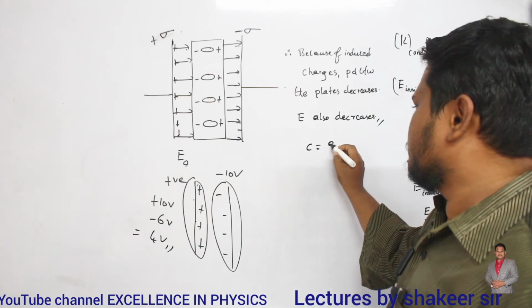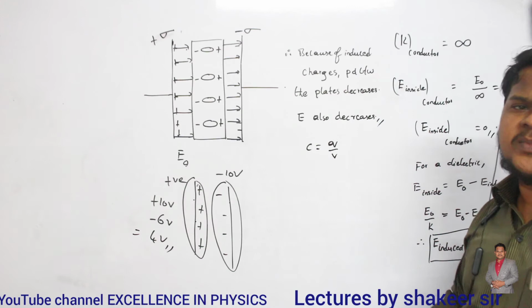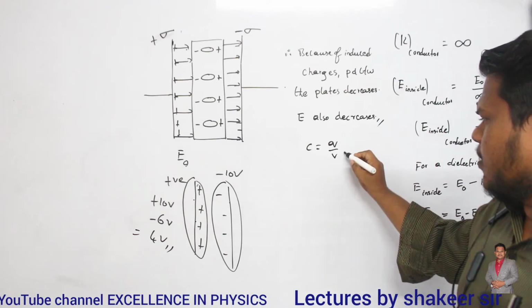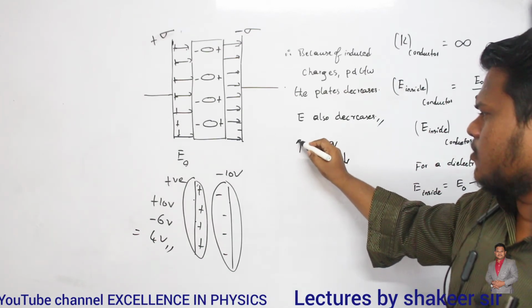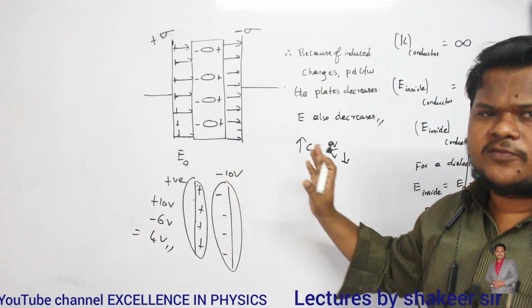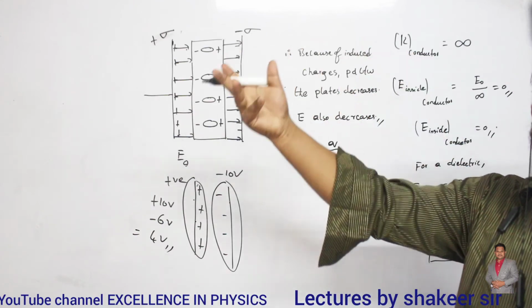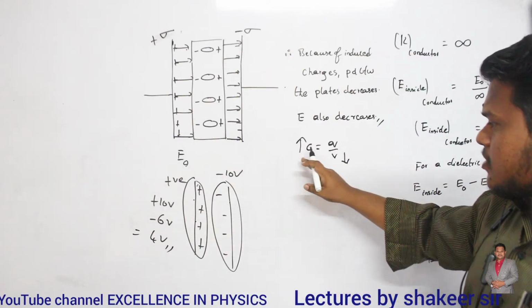Because C is equals to Q divided by V, no, ma? C is equals to Q divided by V. So if V value decreases, C value automatically increases. So therefore, if you are placing a dielectric, what is happening to the value of capacitance? Value of capacitance increases. Why value of capacitance increases?